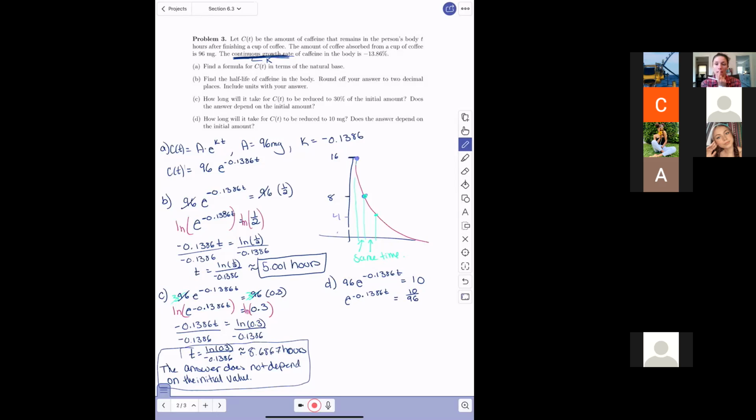Okay, what's our next step here to solve for t? Take the natural log. Good. Take the natural log of both sides. And when you do that, you're left with negative 0.1386 t is equal to the natural log of, again, keep it as 10 over 96. Okay, now what's our next step and our last step?